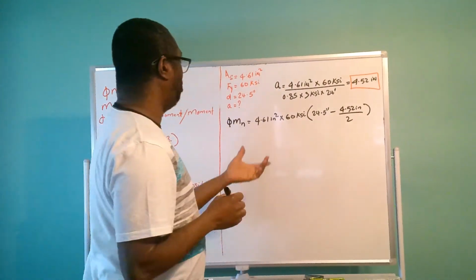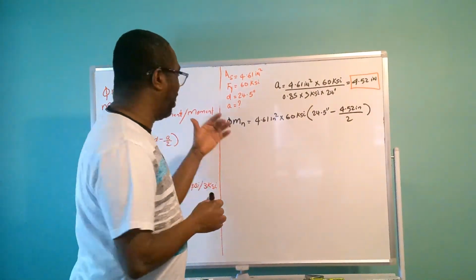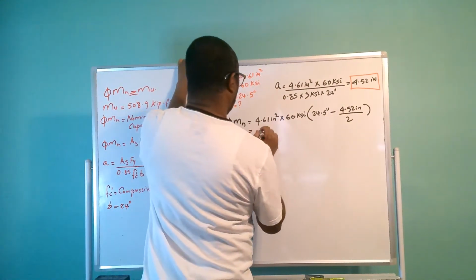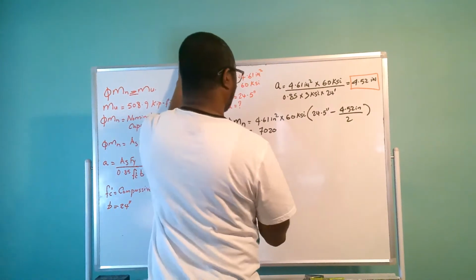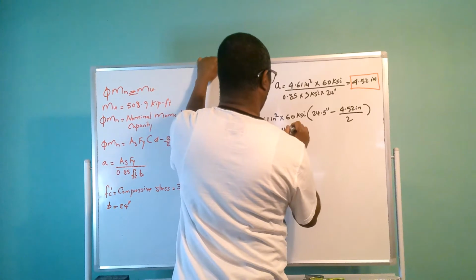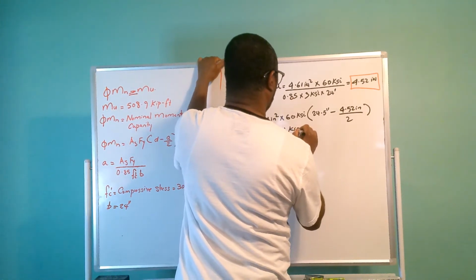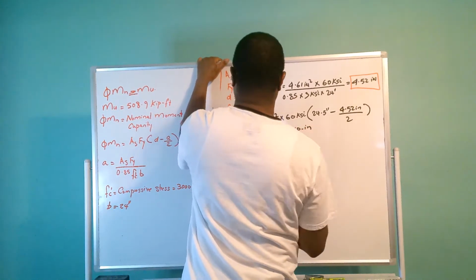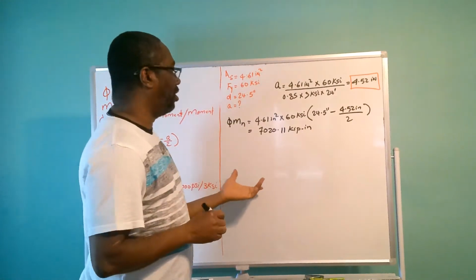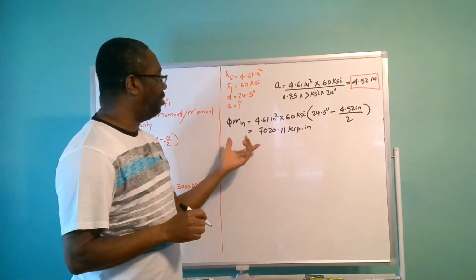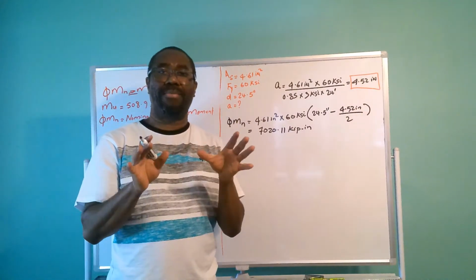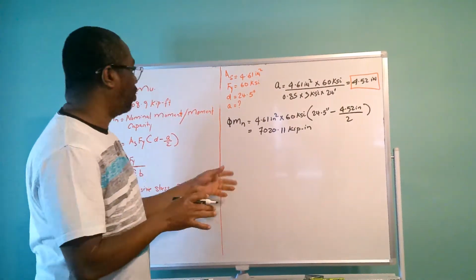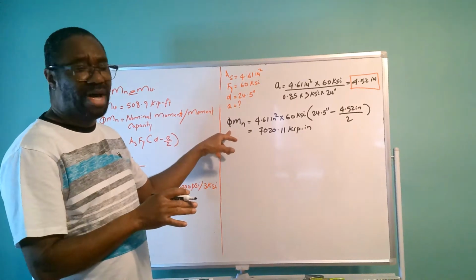If you plug this into your calculator, you will get 7020.11 kip-inches. So our nominal moment is going to equal 7020.11 kip-inches. But you notice we haven't factored in our phi.